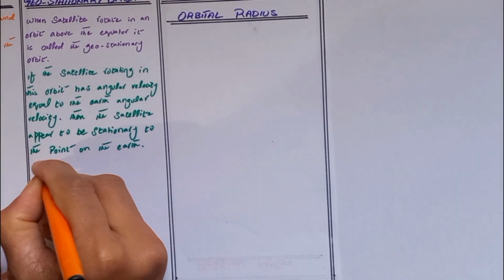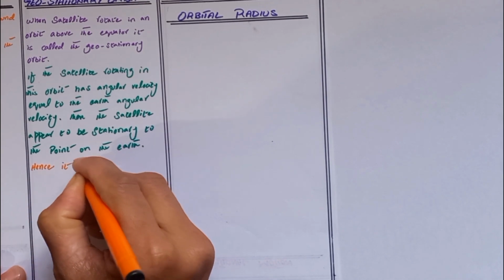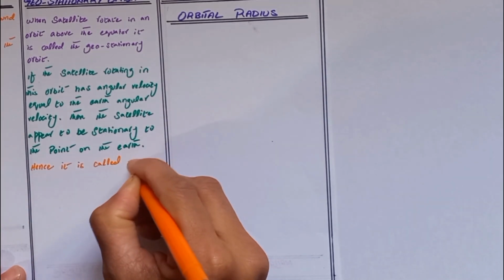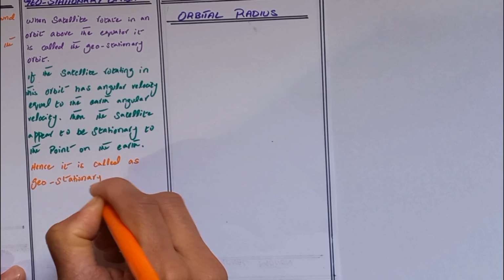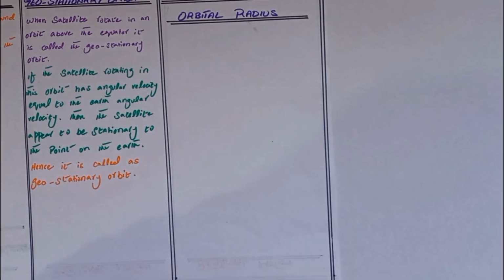Hence, it is called a geostationary orbit.